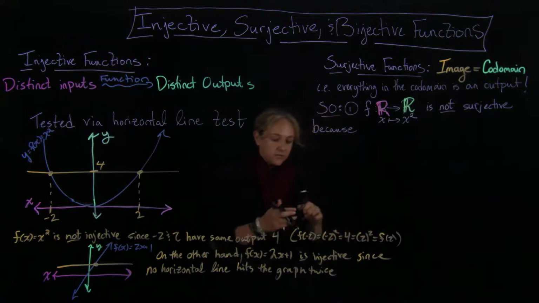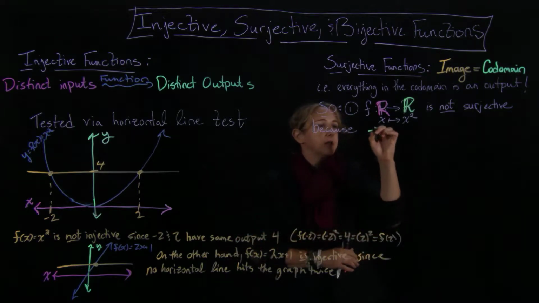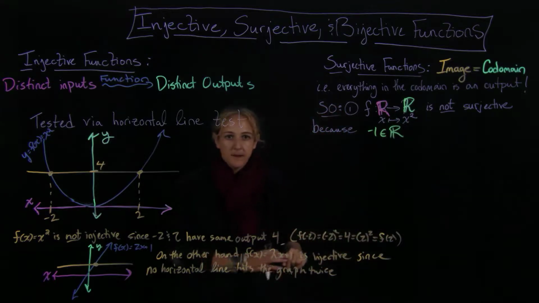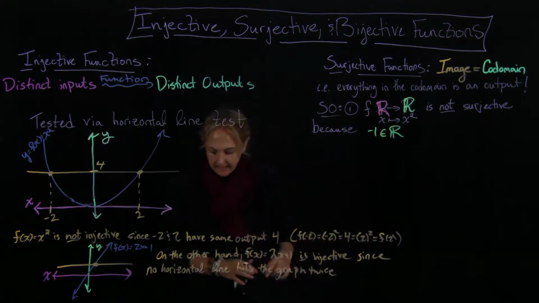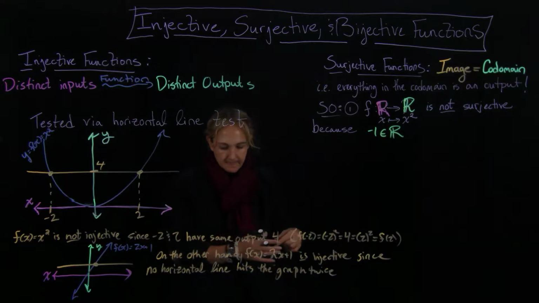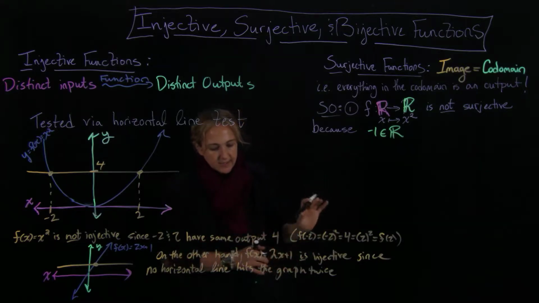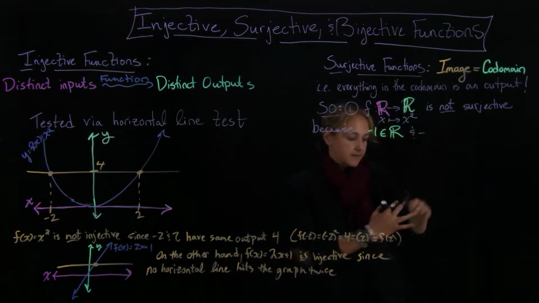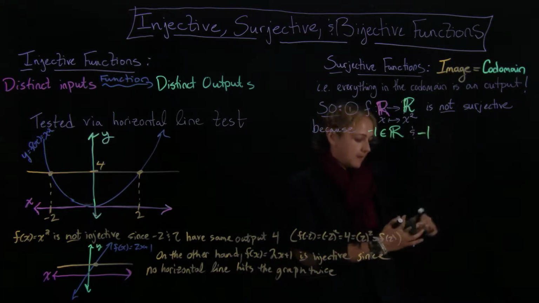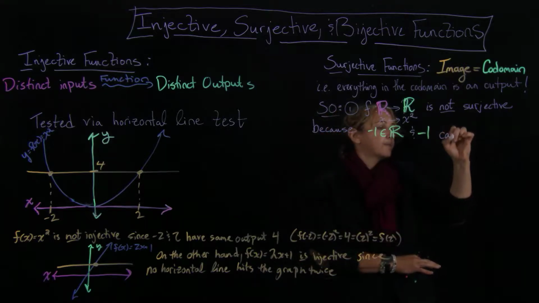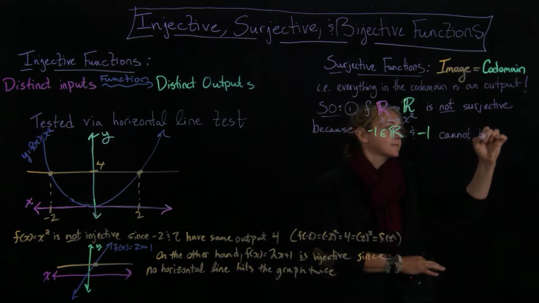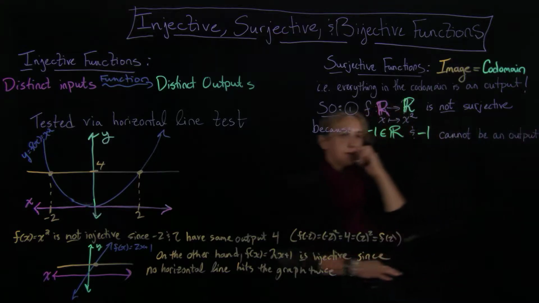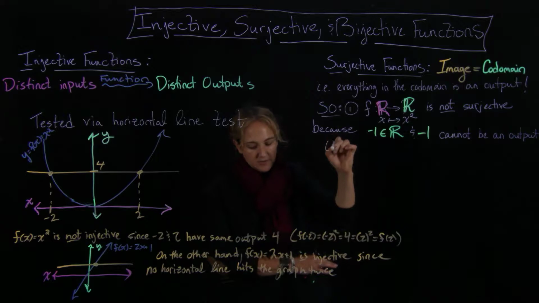So -1 is in the codomain because -1 is contained in this codomain R. But -1 cannot be an output. How do we know it's not an output? Because when you square things, you get something non-negative, right? So -1 cannot be an output.